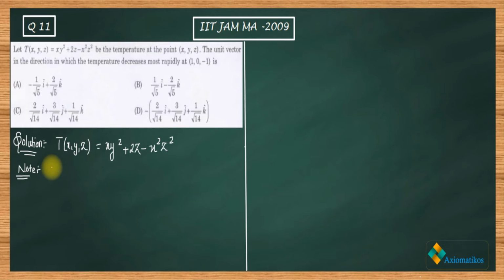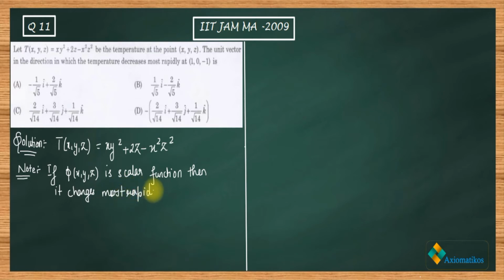It says that if phi(x,y,z) is a scalar function, then it changes most rapidly in the direction of del phi.